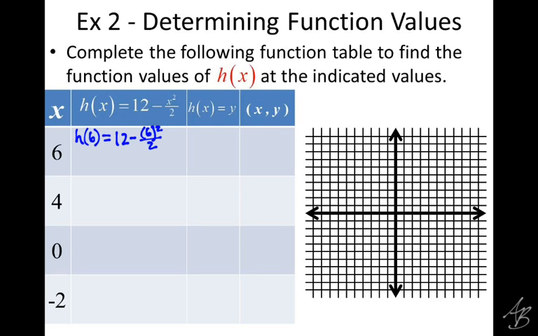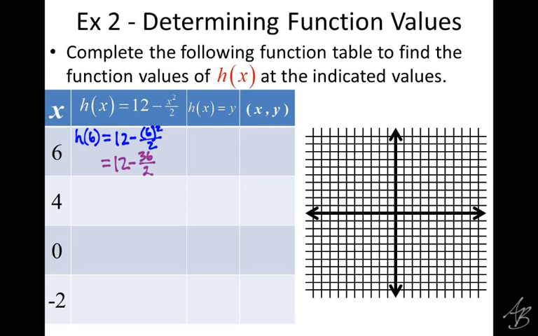In this one, we actually have 3 things we have to simplify: the subtraction, the square, and the division. Out of subtraction, squares, and division, which one are we going to do first? We have to do the square first, right? So this is going to equal 12 minus, what's 6 squared? 6 times 6 is 36, and so we get 36 over 2.